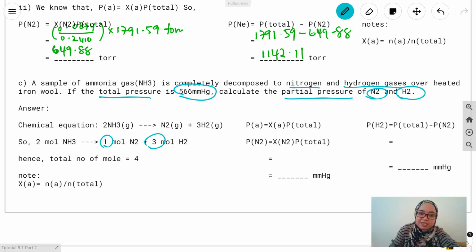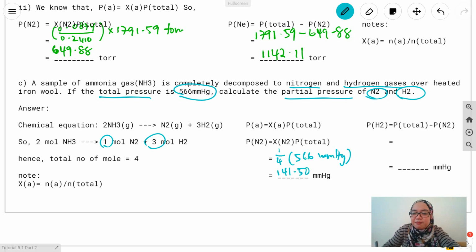How? We use this. Okay, so the number of mole of nitrogen is 1, and the total number of mole is 4. So 1 over 4 times the total pressure of 566 mmHg. So we will get the answer 141.50 mmHg.